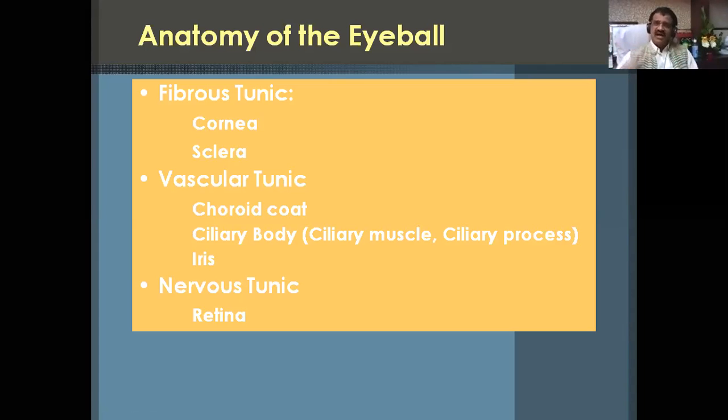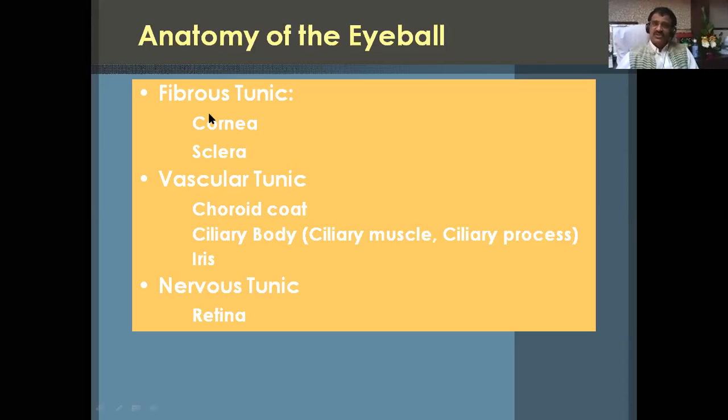Remember this: fibrous coat or tunica fibrosa, whatever term you use, there is no problem for that. But you should know these three coats anyhow. Another is the vascular tunic or tunica vasculosa, and the nervous tunic or tunica nervosa.